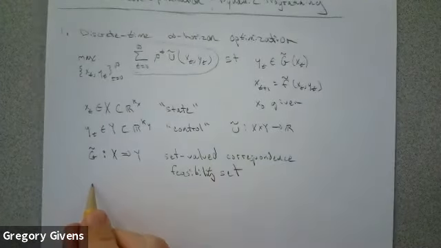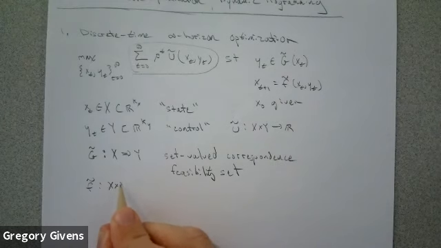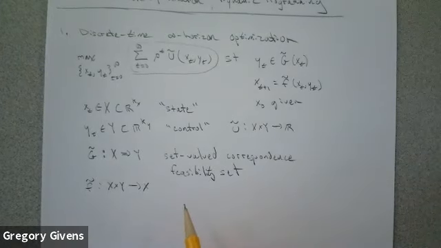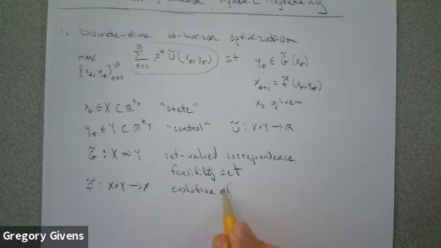What is f tilde? Well, f tilde, unlike g tilde, is actually a function. It maps elements of x product y into the space x. This specifies the evolution of the state. Sometimes it's called the state transition equation in these types of planning problems.